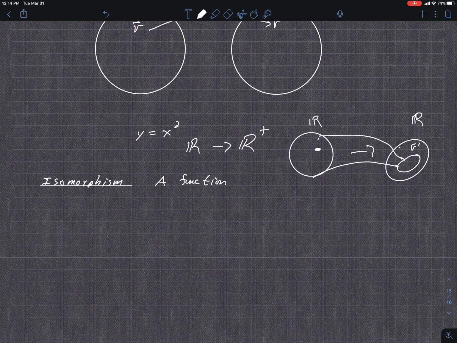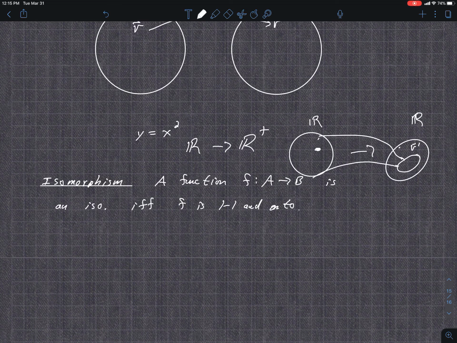A function, and let's just use a regular function f that maps A to B, is an isomorphism if and only if f is one-to-one and onto.